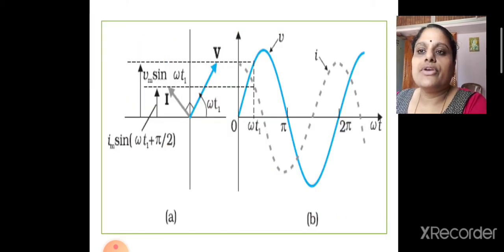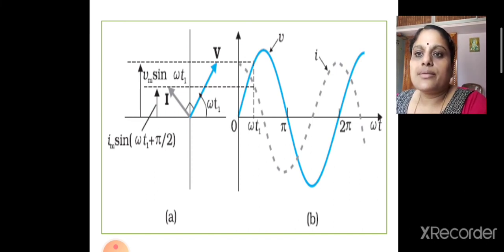Now coming to the phasor diagram and graphical representation of an AC applied to a capacitor. Considering figure A, the phasor diagram, we can see that the current I is leading the applied voltage by a phase difference of pi by 2. The length of vector I must be smaller than vector V since the value of current is smaller.